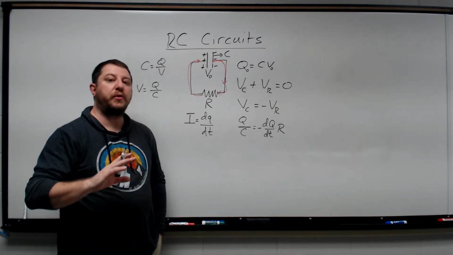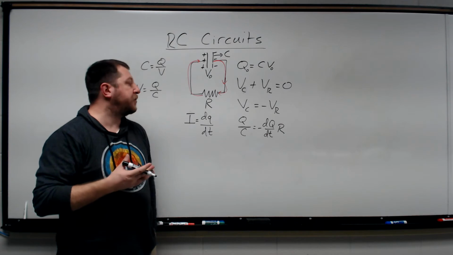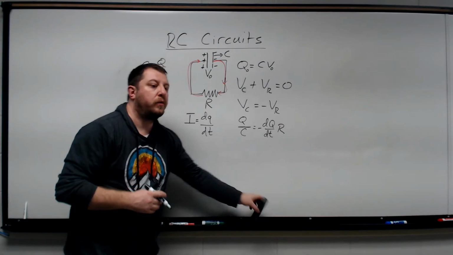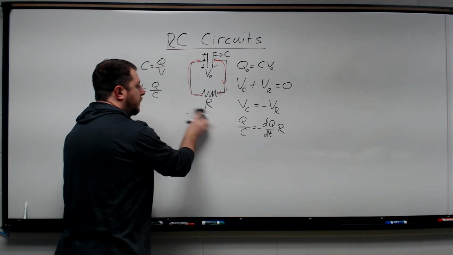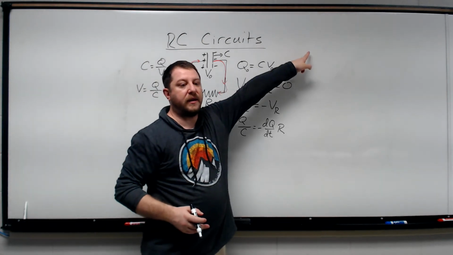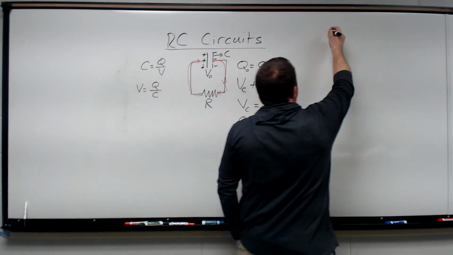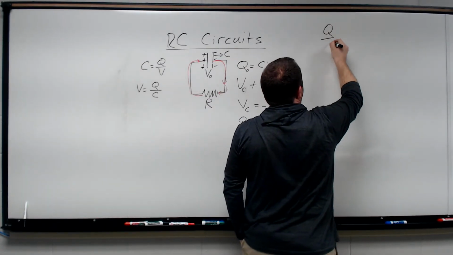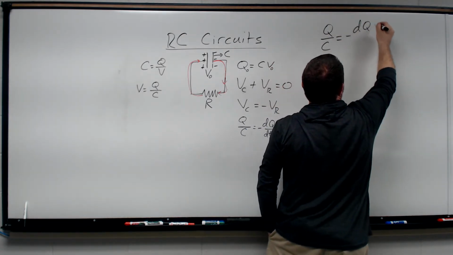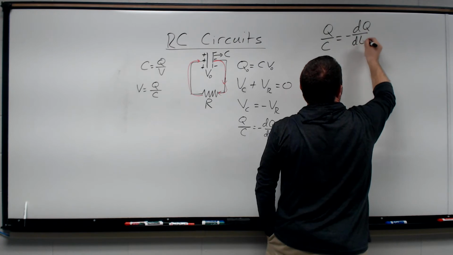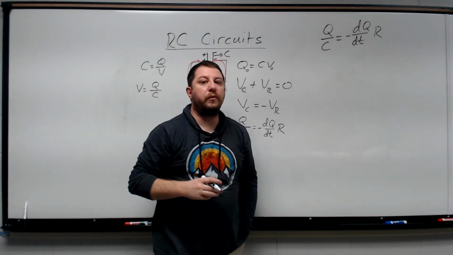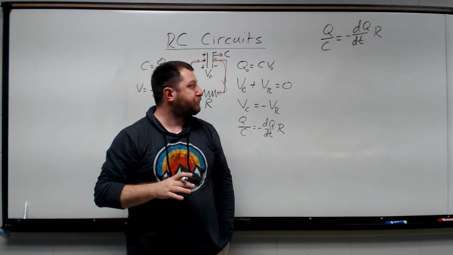And I want to solve this equation for Q as a function of time, okay? So we're going to solve Q as a function of time. And let's do this up here. So I have Q over C is equal to negative dq dt times R. So this is a differential equation.